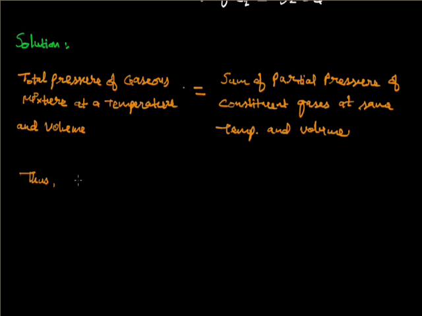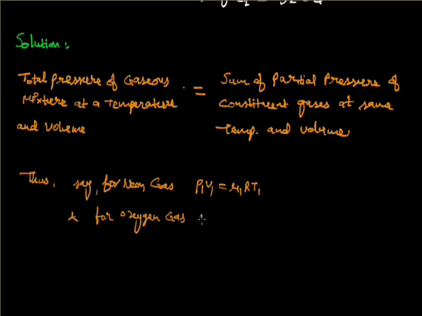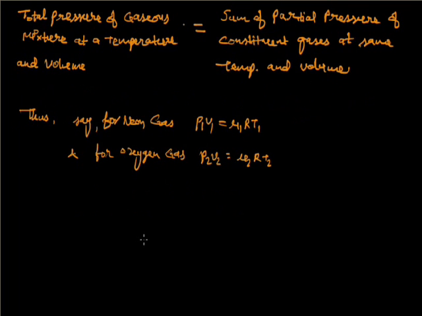Thus, say for neon gas, P1 V1 equals mu1 R T1, and for oxygen gas, P2 V2 equals mu2 R T2. These are the gas equations for both neon and oxygen.